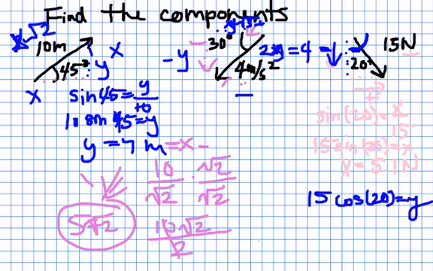So this is 7, right? It would be 14.1 newtons. And then remember, this one is negative because it is down. Alright, and then we are going to continue going over this in class. I want you guys to be very good at it, and then it's going to start showing up in problems.